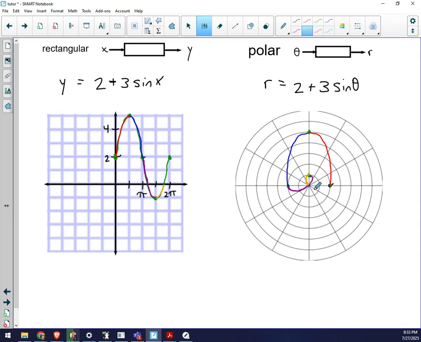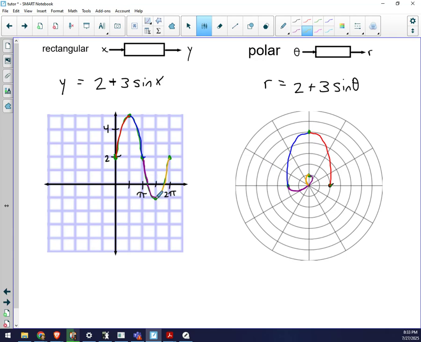And now we're into the fourth quadrant. These points, the purple, were our third quadrant inputs. Now the orange is going to be our fourth quadrant inputs, from 3 pi halves to 2 pi.